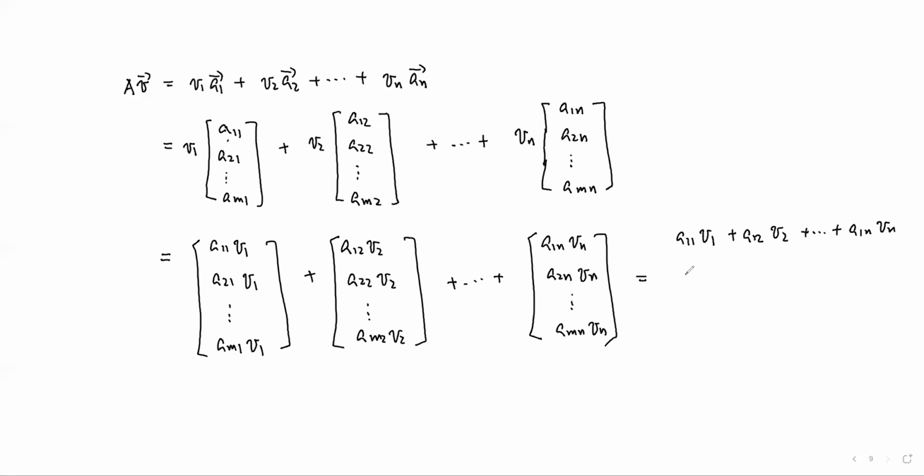Second entry, A21 V1 plus A22 V2 plus A2n Vn, and so on. The last entry is AM1 V1 plus AM2 V2, and so on, AMN Vn.